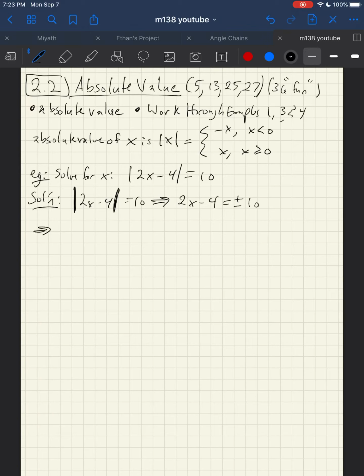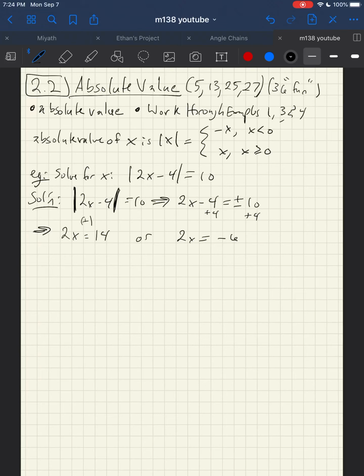Then we can go on by adding 4 to both sides. And this gives me that 2x is equal to, well, 10 plus 4 is 14, or 2x is equal to negative 10 plus 4, negative 6. Okay, so the plus went to here.